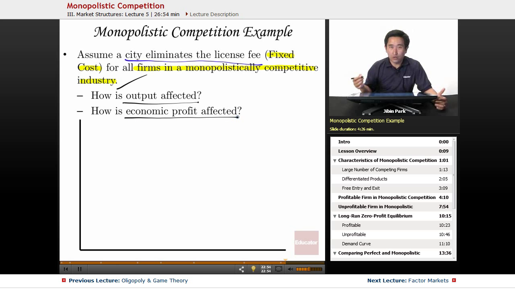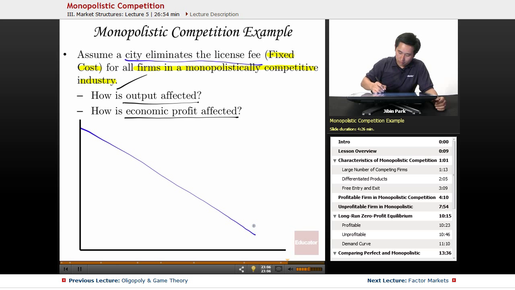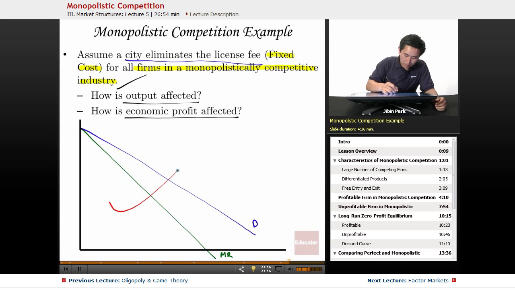So again, let's go ahead and draw this monopolistically competitive firm in long-run equilibrium. It's going to look very similar to a monopoly making no economic profit. So once again, you draw the demand curve, and you draw the marginal revenue below the demand curve, and the marginal cost curve.